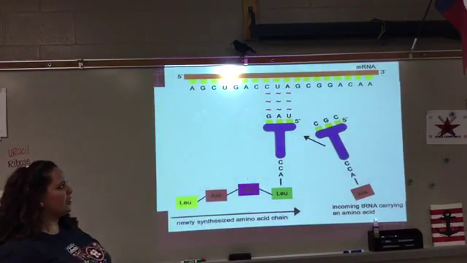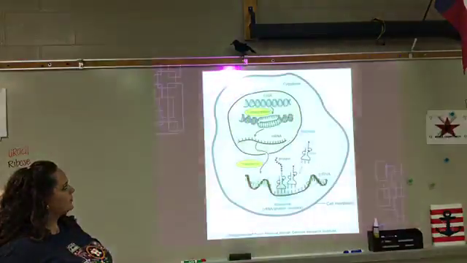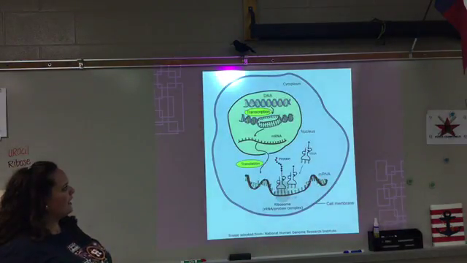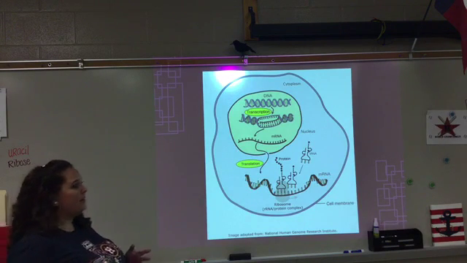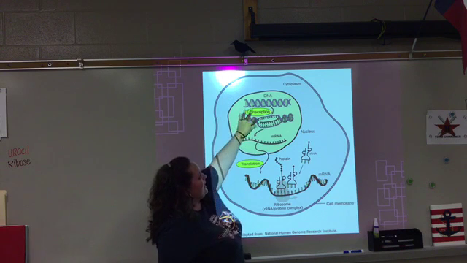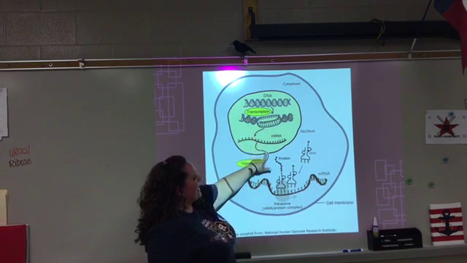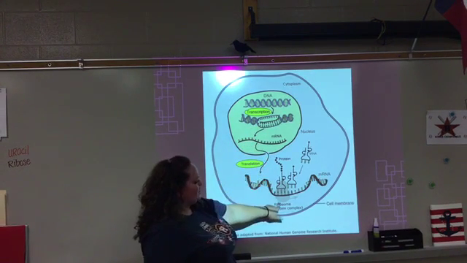This is just another picture of the same process. Okay, this one is just showing you again, we had transcription happening inside the nucleus. Our DNA opens up. We read off our sense strand to form mRNA. It travels out a nuclear pore to a ribosome.